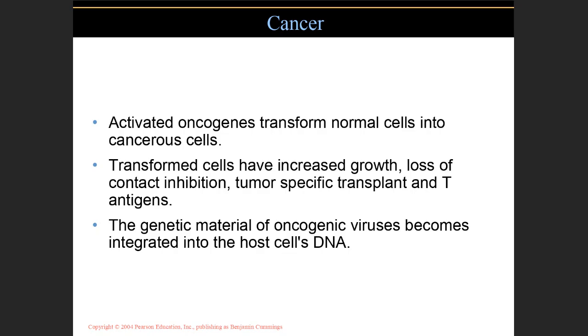So at that point early in our development, we need to have genes that turn the cells on, that make them start dividing rapidly. But then at some point, those genes get turned off because we no longer want that kind of rapid mitosis and cell division. But sometimes those genes get turned back on, and that leads to cancers, to tumors.